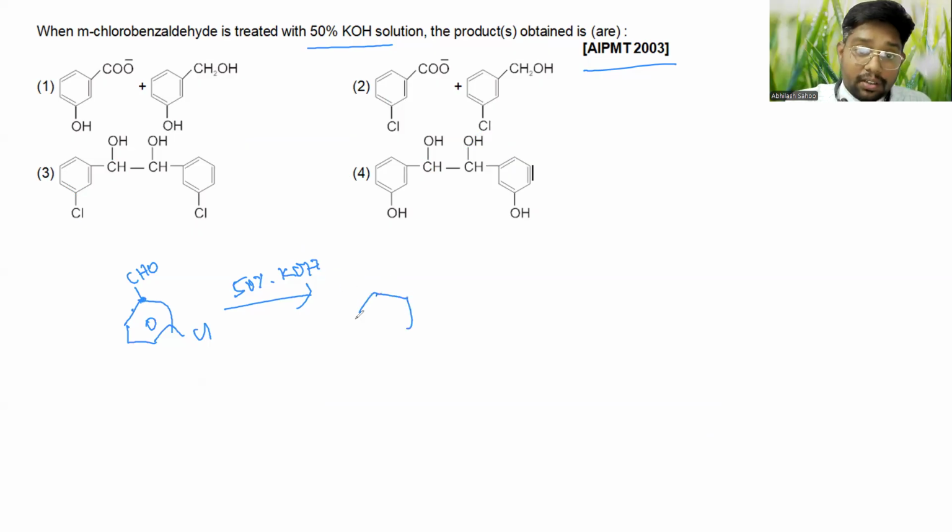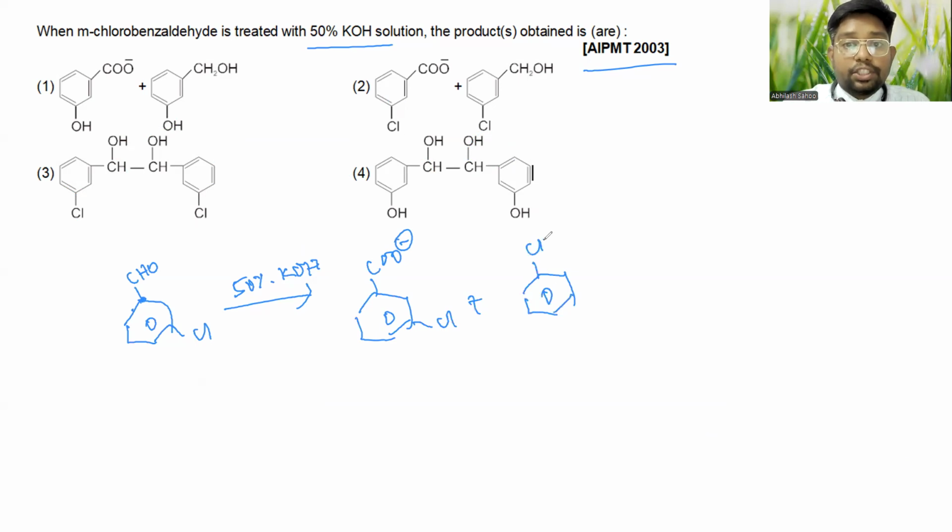So one product you will get is COO minus K plus with Cl, and another product will be CH2OH with Cl at the meta position. So here OH minus is coming into the picture. It is not a nucleophilic substitution reaction, and you know in a benzene ring nucleophilic substitution is very difficult.